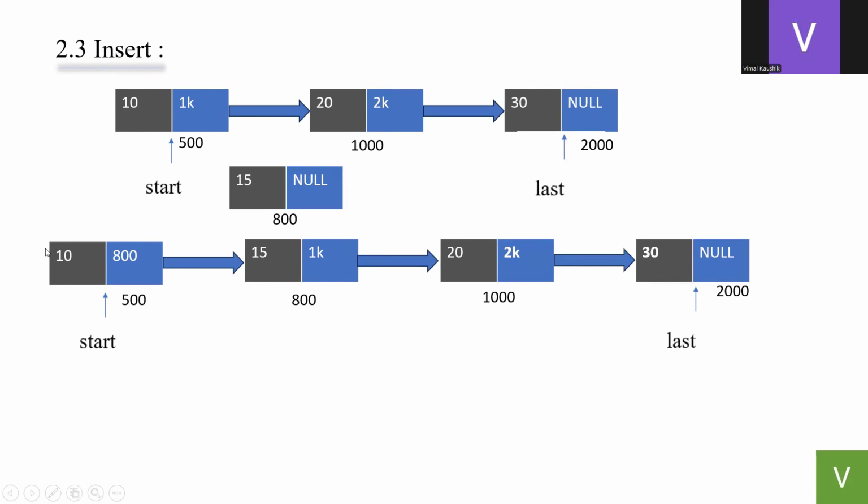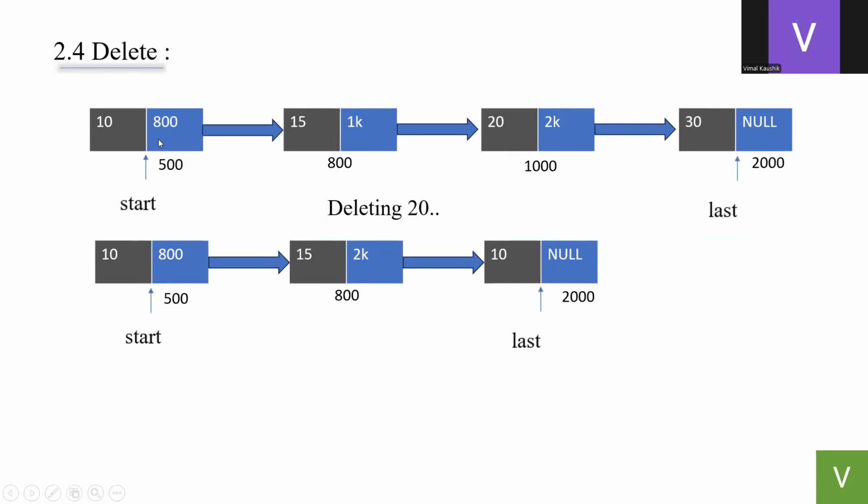Now the updated list will be: the starting node has an address of 800 that corresponds to the second node, whereas the second node has an address of 1k which corresponds to the third node. The third node and the fourth node will be unchanged. So this is meant by insertion operation. Observe the address changes. We will understand clearly in the coding part.